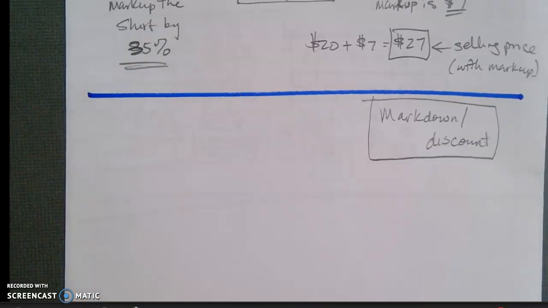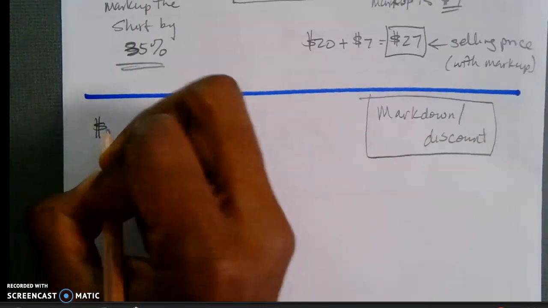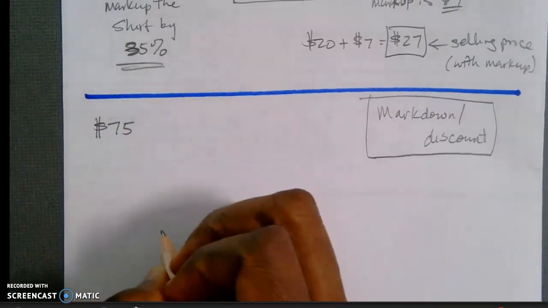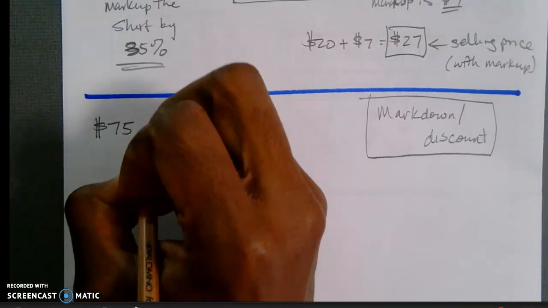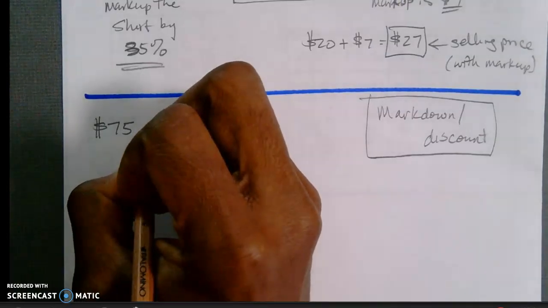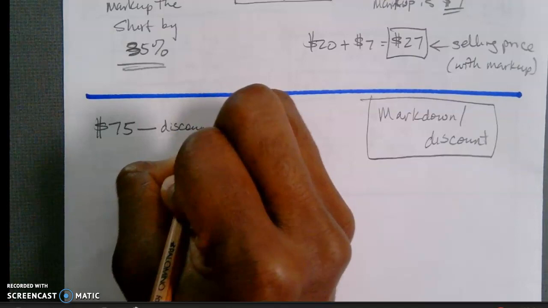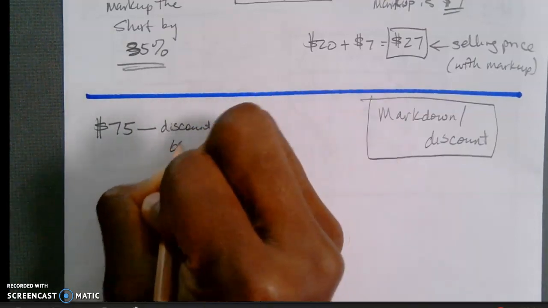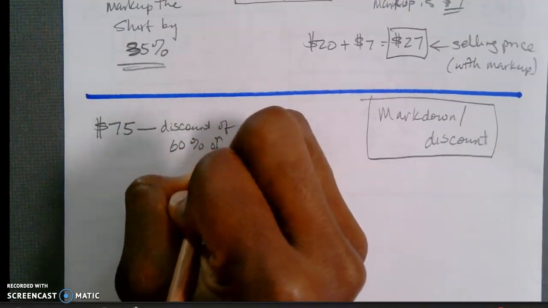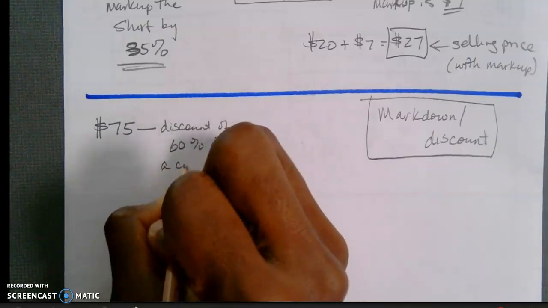I know that they mark down most of their winter coats in January. So a coat that was $75, and we want to now have a discount of 60% off a coat purchase.